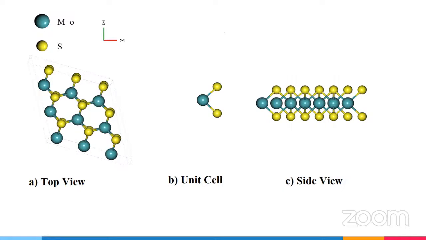MoS2 has a crystallographic form of 2H, which is semiconducting, and it has a hexagonal structure. Apart from MoS2 in TMDs, there are WSe2, MoSe2, WTe2 that we are also looking at for our biosensing purpose.